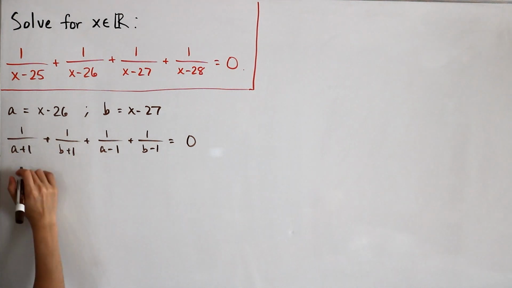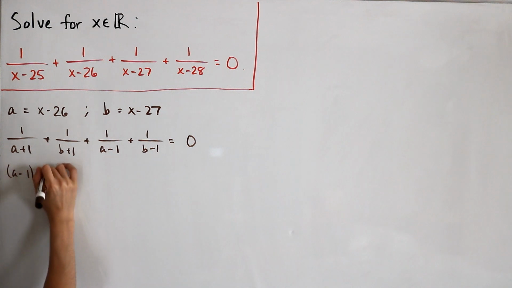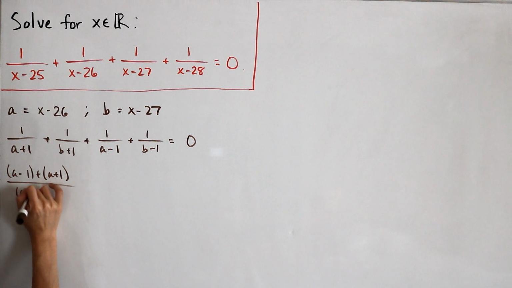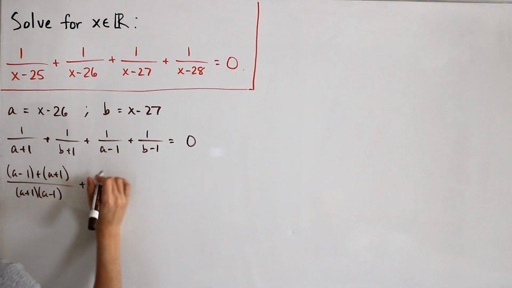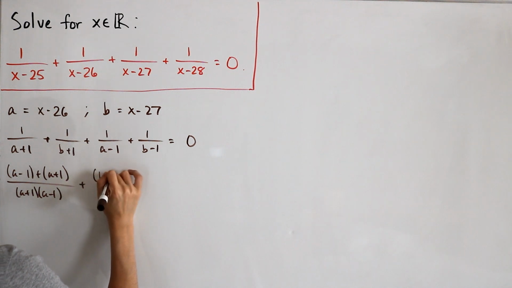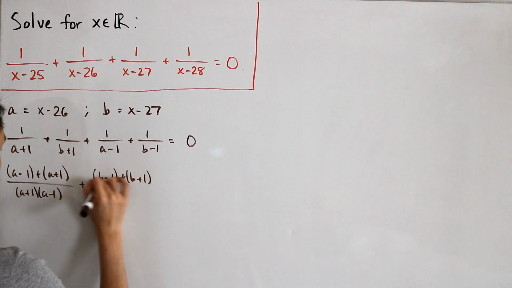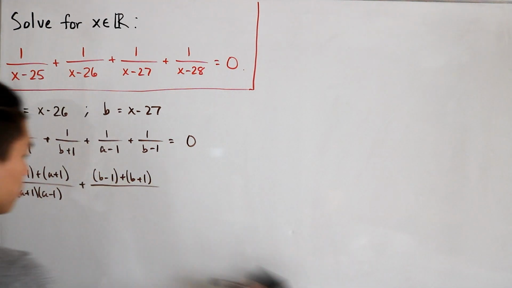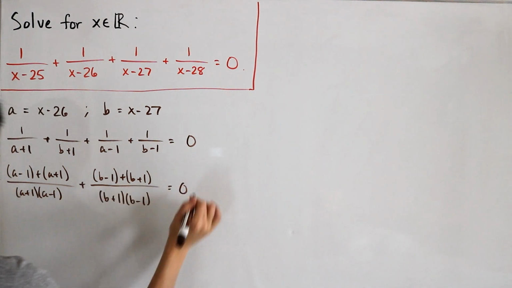Then applying the cross multiply, we have a minus 1 added with a plus 1, over a plus 1 times a minus 1. We do the same thing for the b term: b minus 1 added with b plus 1, all divided by b plus 1 times b minus 1, and that's still equal to 0.